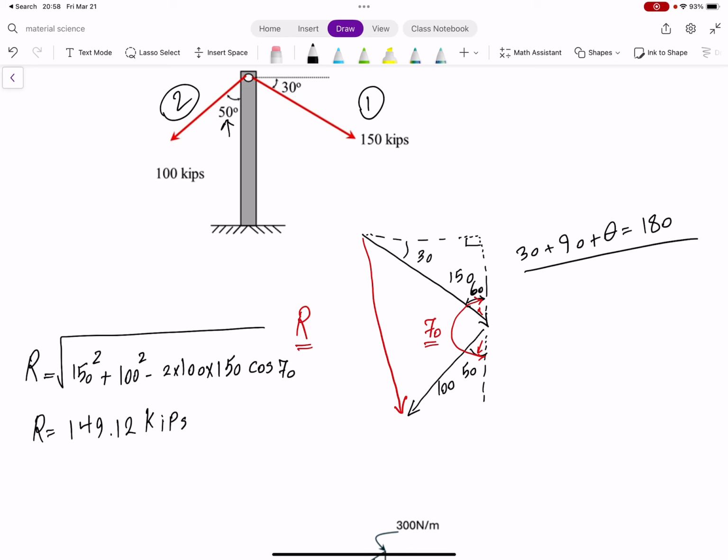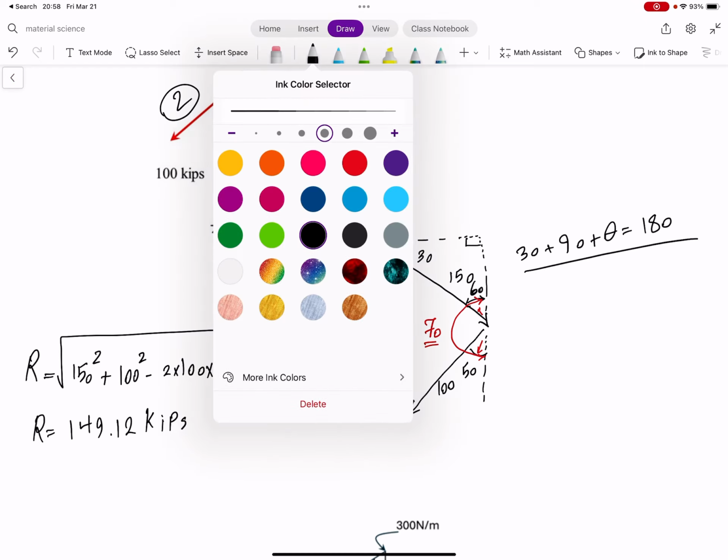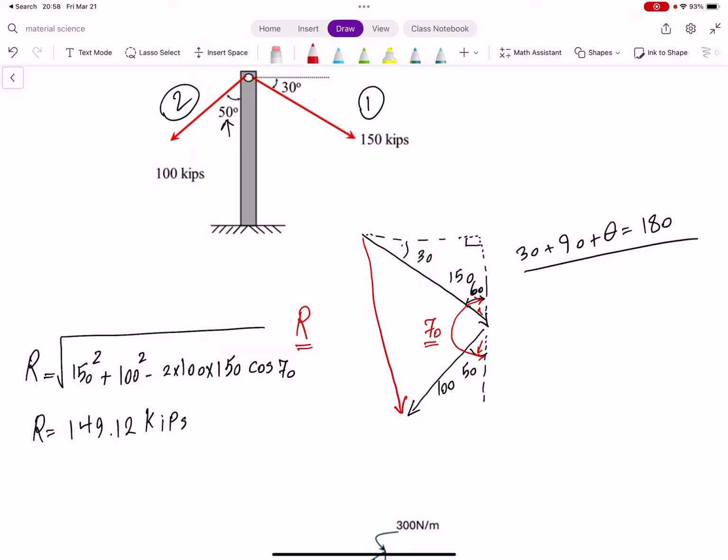The next one is to calculate the angle. What is this angle? We need to find this portion. We have this 30. Now we need this portion, theta, right?